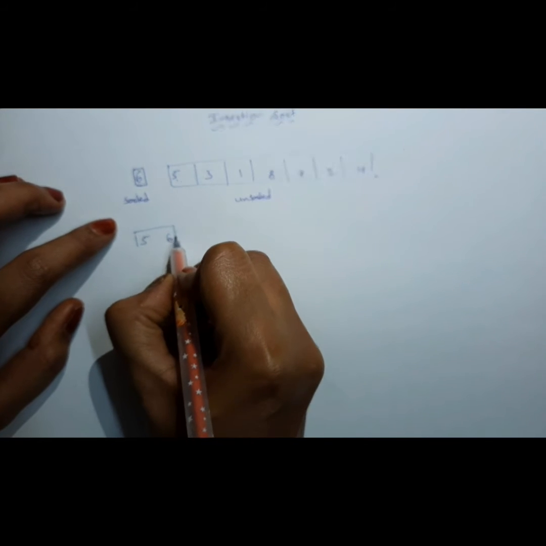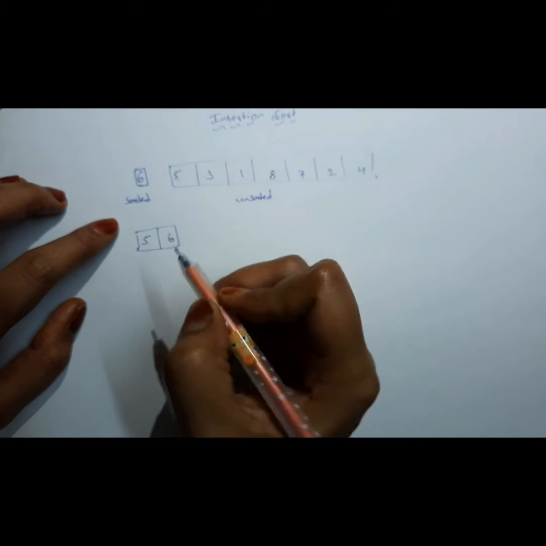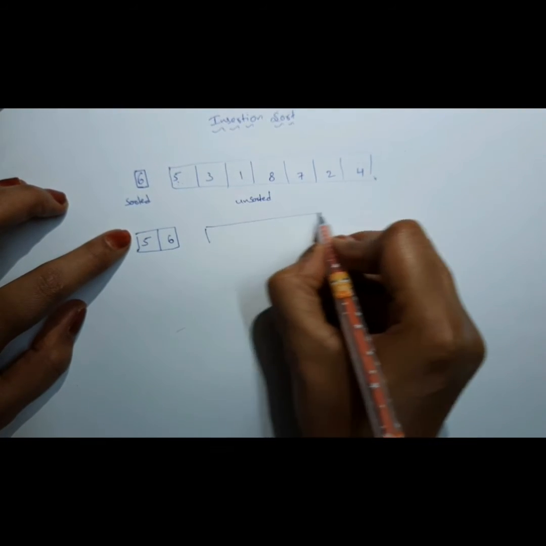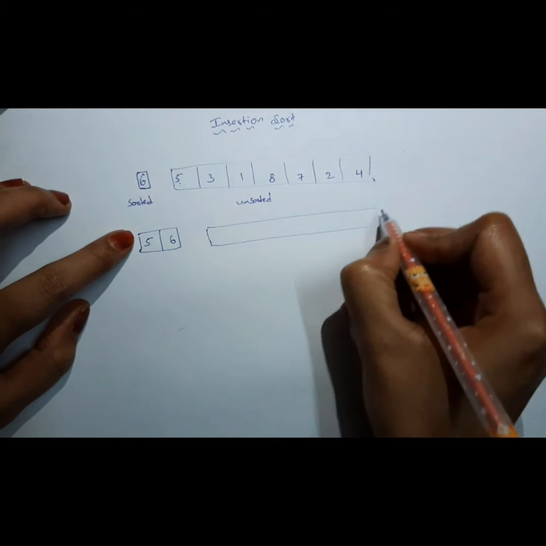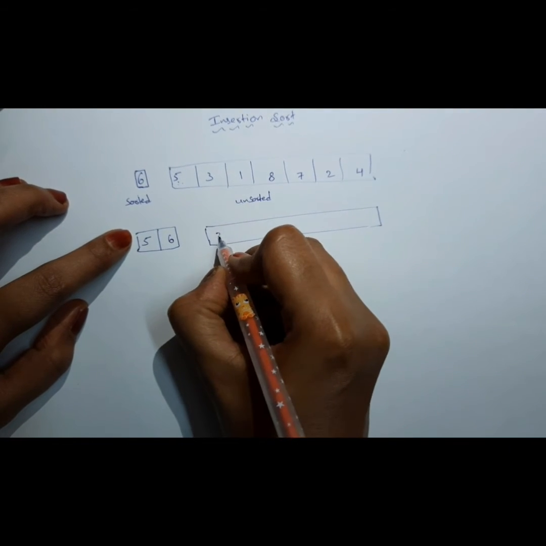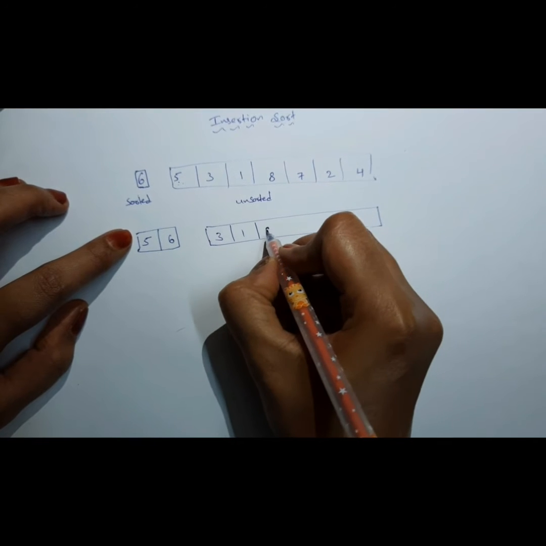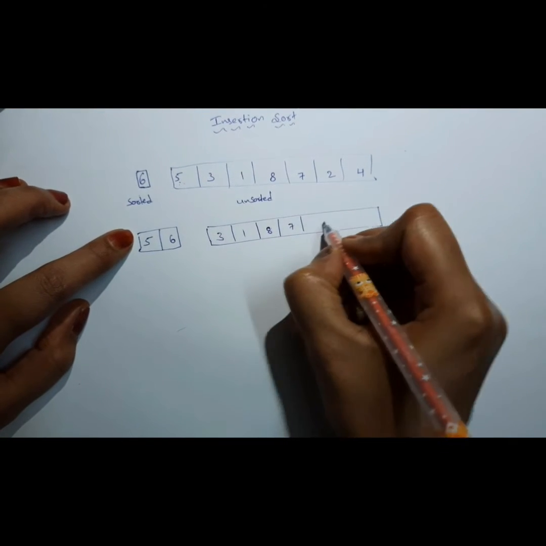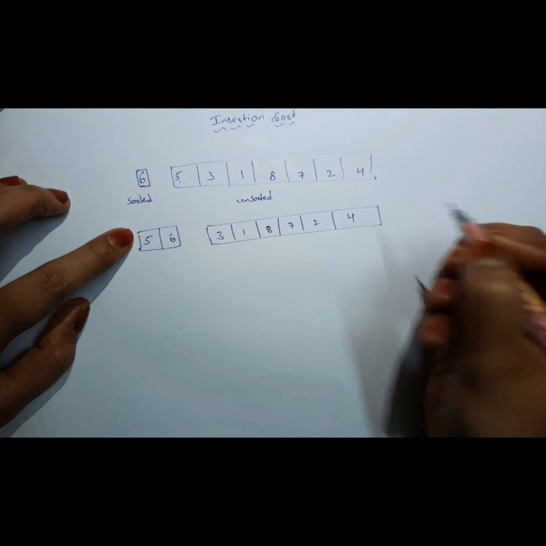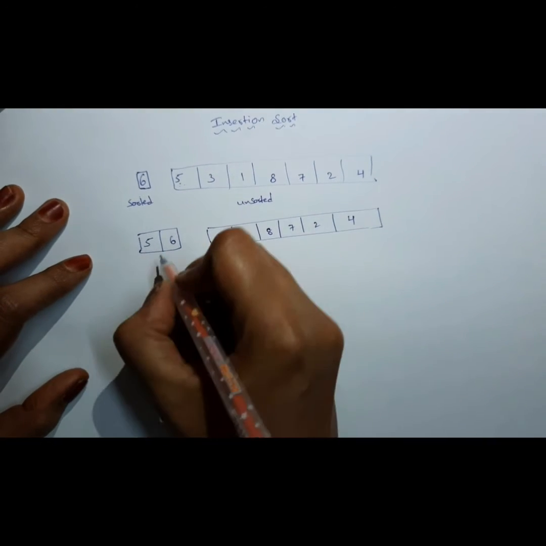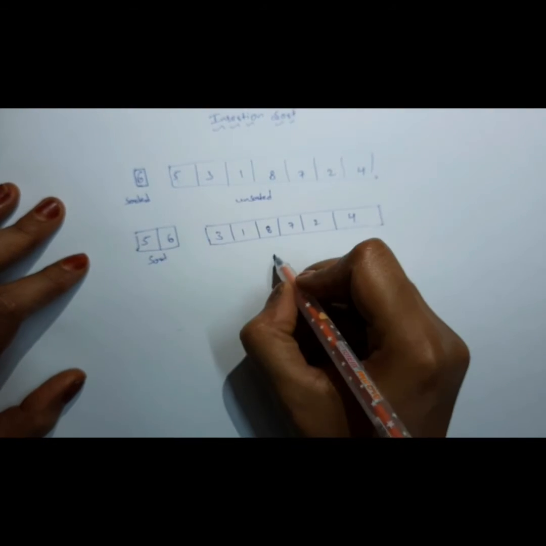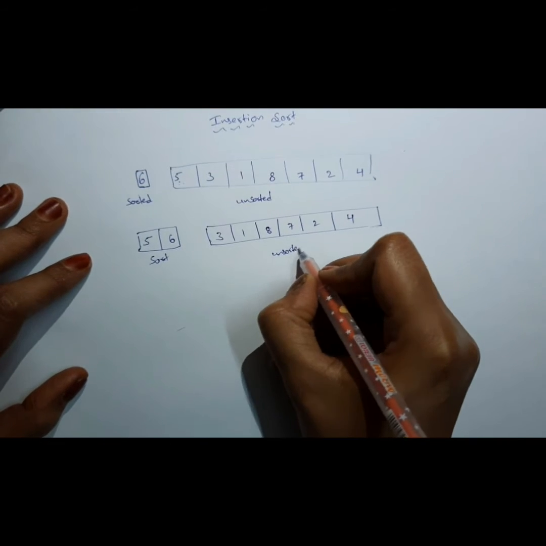These two elements will be present in the sorted list. Okay, and the remaining elements will be 3, 1, 8, 7, 2 and 4. Okay, this is the sorted one and this is the unsorted one.